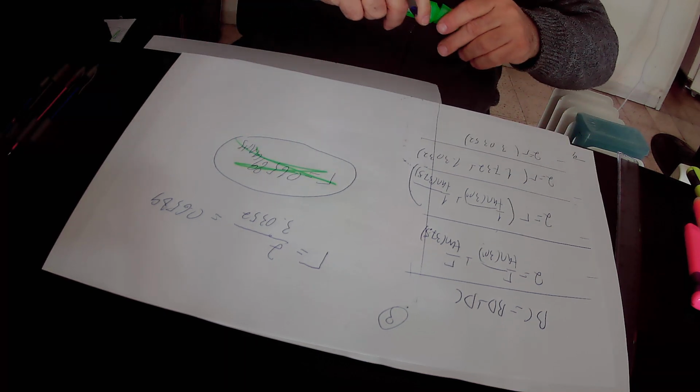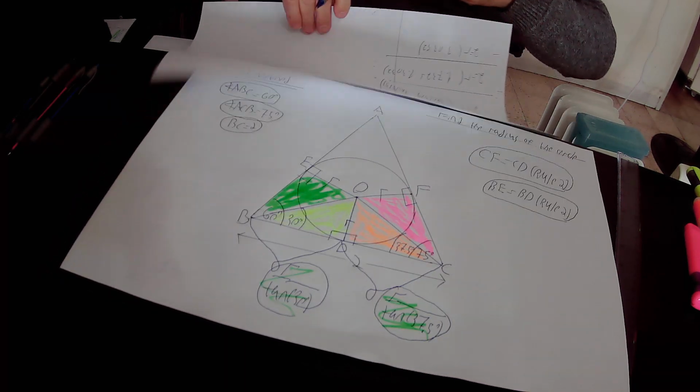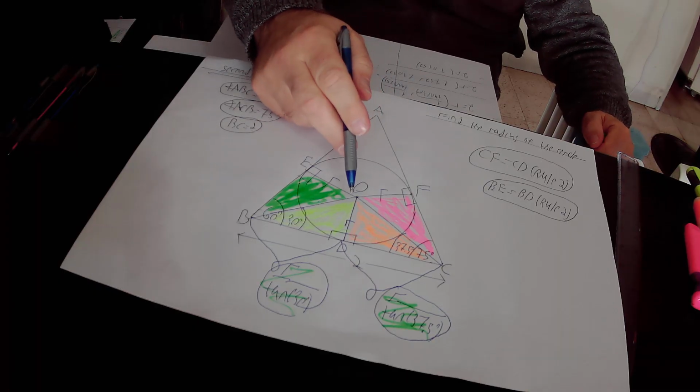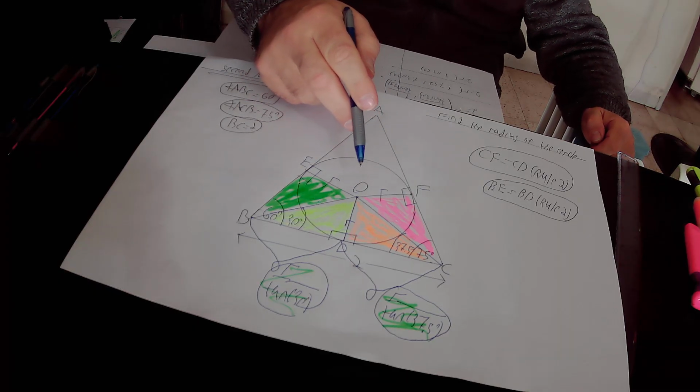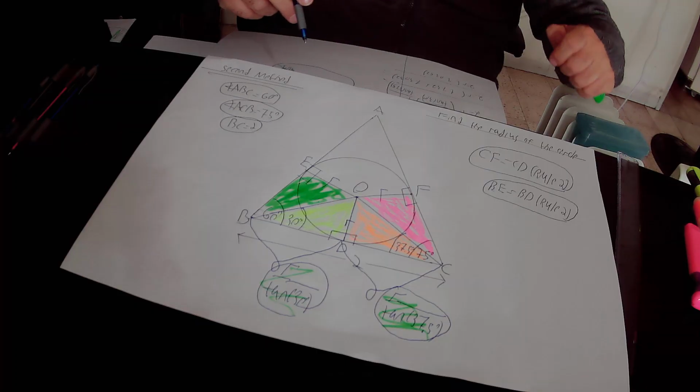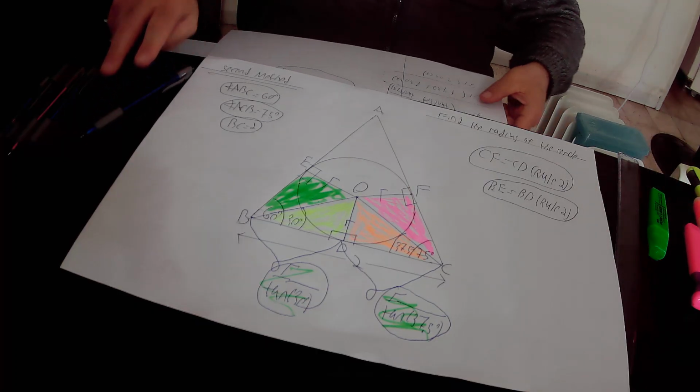So in conclusion, we found out that in both methods the radius R of this circle equals 0.6589 units. In the next step, I will summarize the lecture.